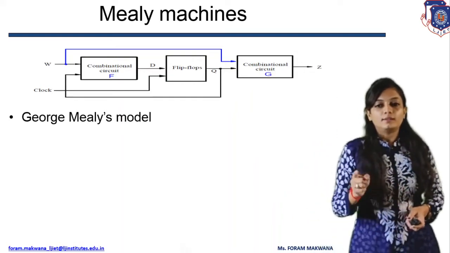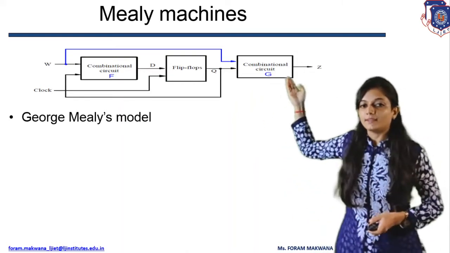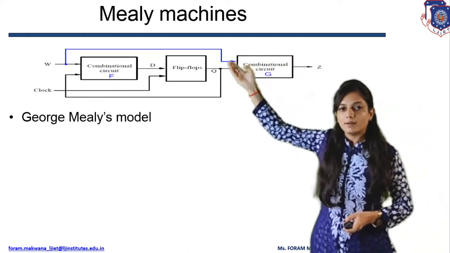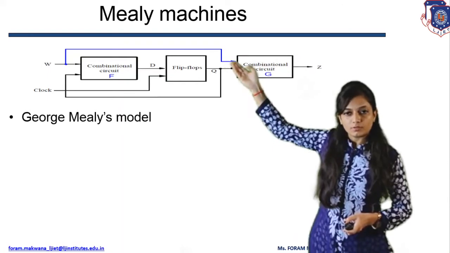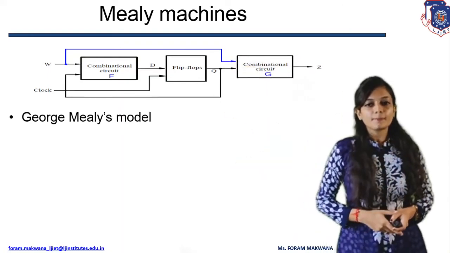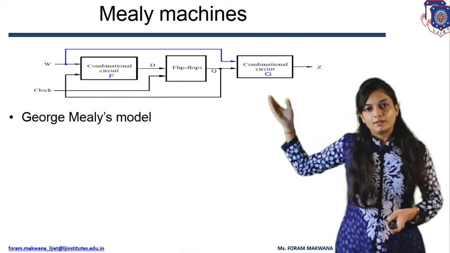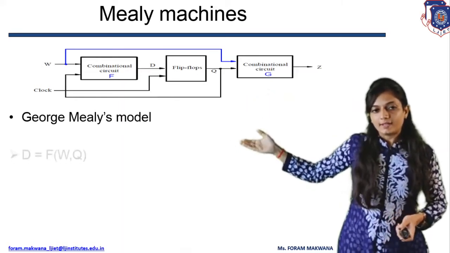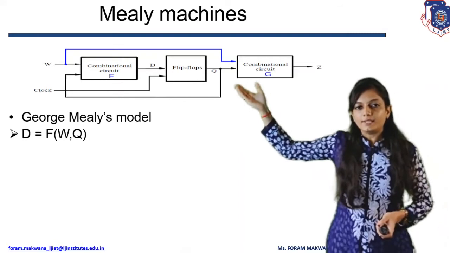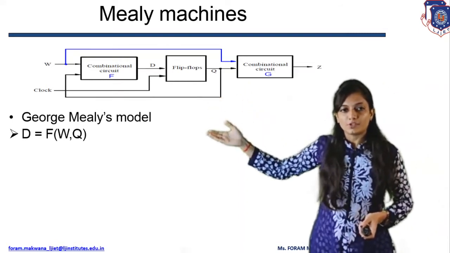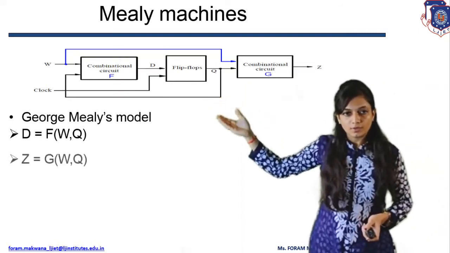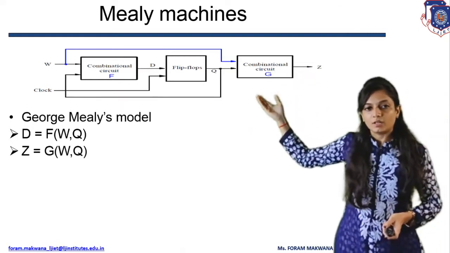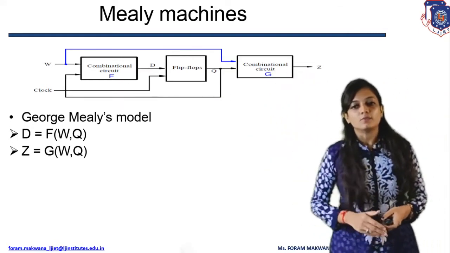Earlier in the Moore machine, my final output Z does not depend on this primary input, alright? That's why the Mealy machine can be represented technically as D, a Boolean function of W and Q, and my final output Z, a Boolean function of W and Q as well.